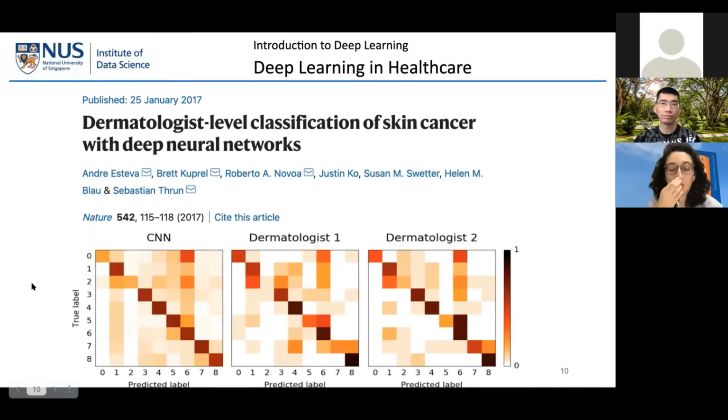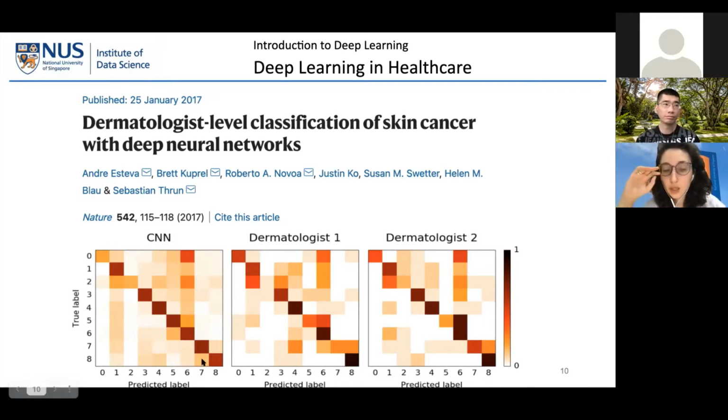What is interesting, and what was really one major milestone with this paper, is that they achieved better or comparable accuracy compared to dermatologists. So they asked several dermatologists to manually classify each image, thanks to their expertise. And then they compare it with the performance of their model.